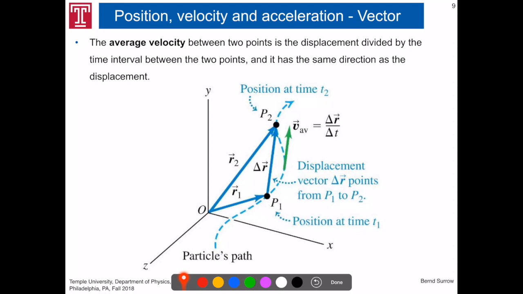This is something you need to understand: the displacement vector locally between two extremely close timestamps, delta t going to 0, points tangentially in the direction of the path at the point you're considering. Therefore the direction of the instantaneous velocity is the tangent to the current location of an object on a given path in 3 dimensions.